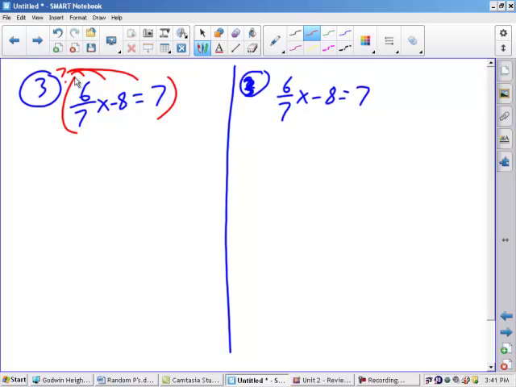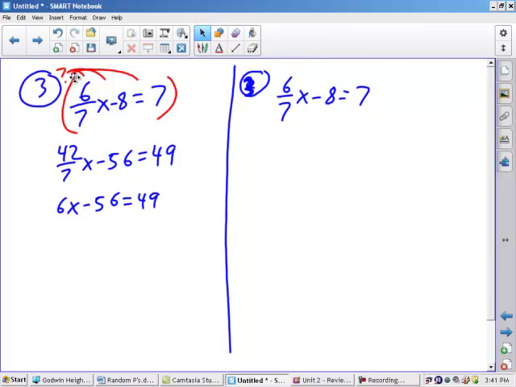So when I multiply 7 times 6 over 7, I'm going to get 42 over 7. Leave the x there. 7 times negative 8 gives me negative 56. 7 times 7 will then give me 49. And then, if you divide 42 by 7, you get 6x minus 56 equals 49. Now I'm going to go really fast because this should be really easy for you.